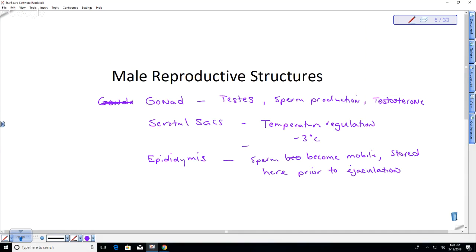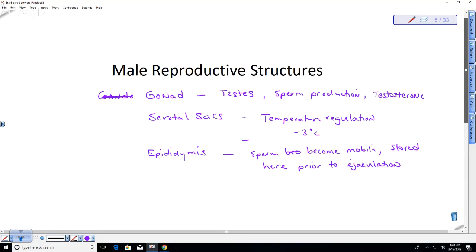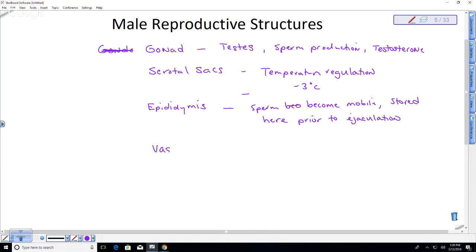Now, from the epididymis on ejaculation, the sperm have to be transported into the body cavity. So the sperm have to go into the body cavity, and they travel via a structure called the vas deferens. This is also sometimes called the ductus deferens.